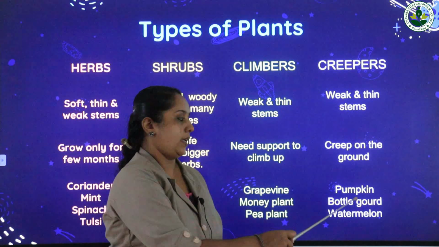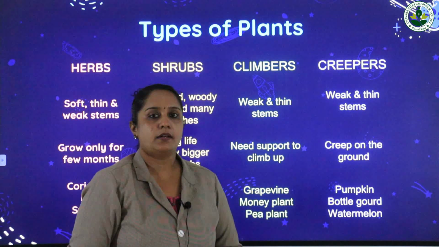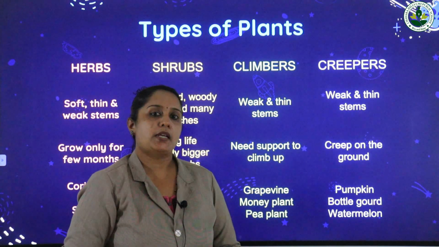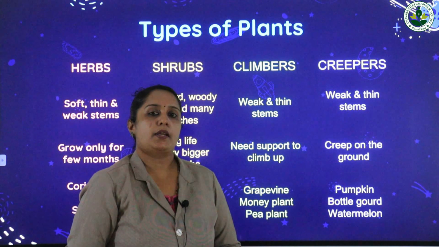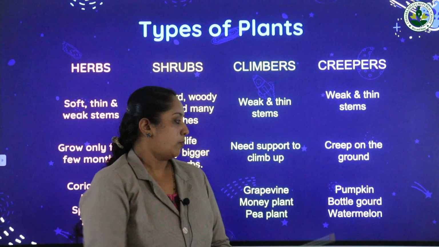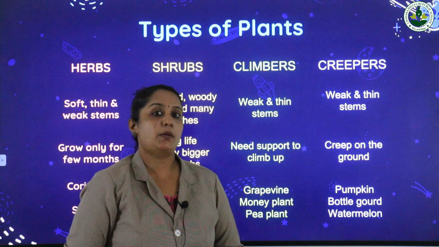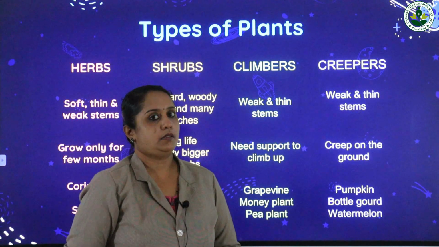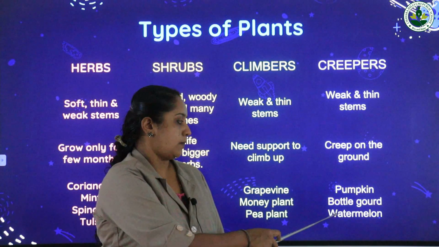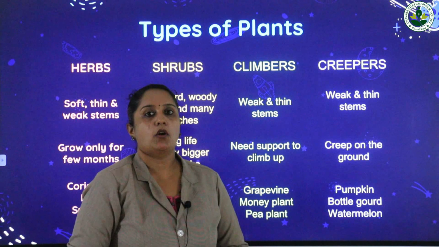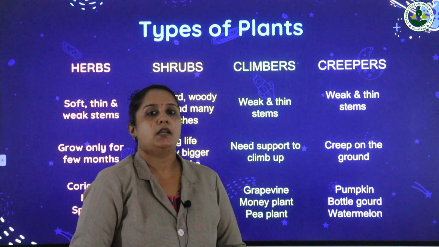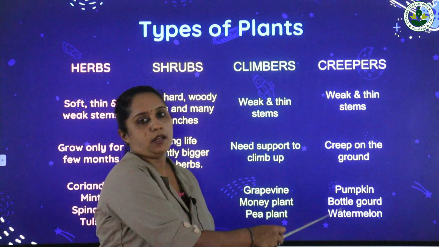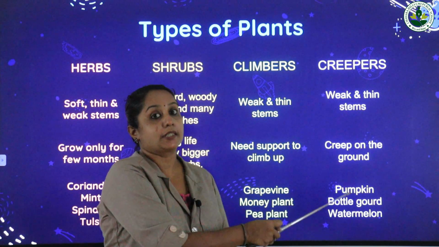Now let us see the examples. Have you seen pumpkin? Where do you see pumpkin, on the ground or above the ground? You can see that pumpkins appear creeping on the ground. Now what about bottle gourd? Bottle gourd means kumbalanga. They also creep on the ground. Now comes watermelon, which also appears on the ground itself. So these three are examples for creepers.